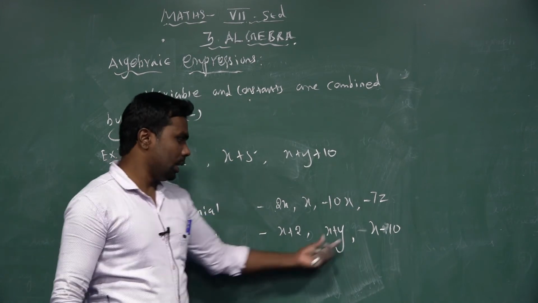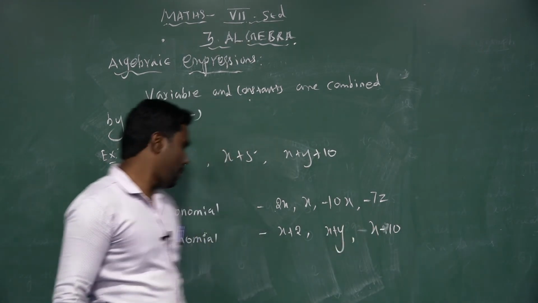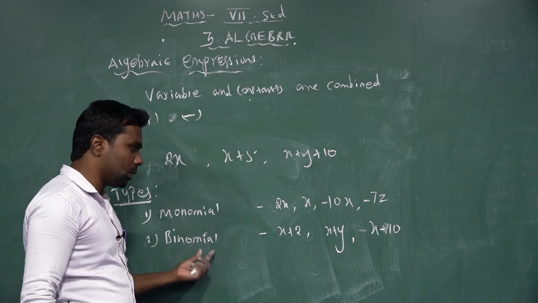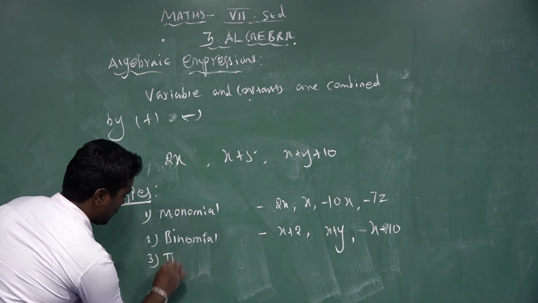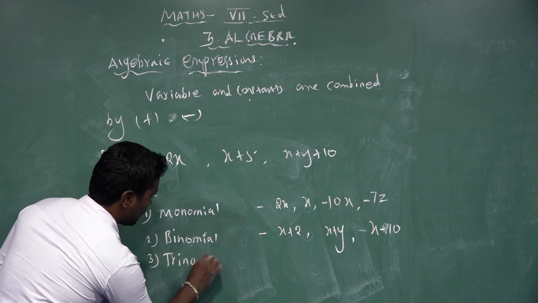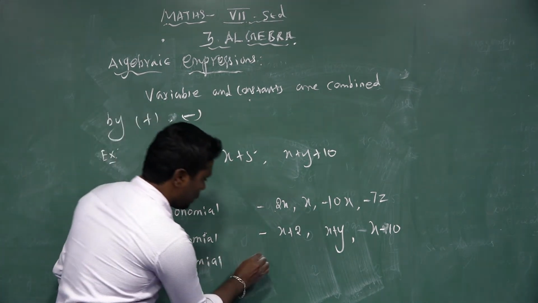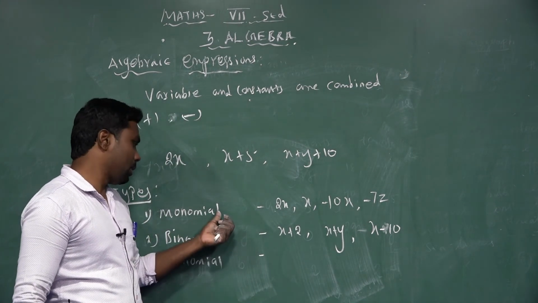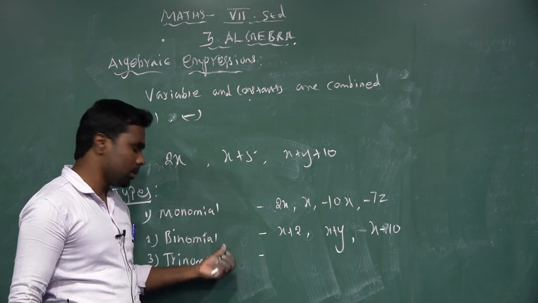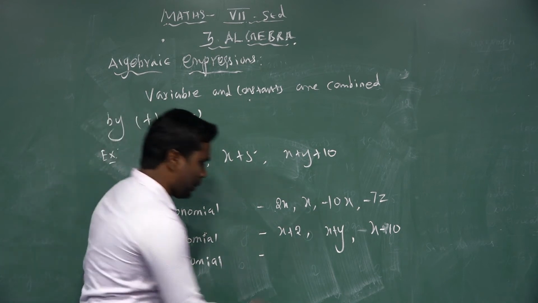The third one is trinomial, an algebraic expression with three terms. Monomial has one term, binomial two terms, trinomial three terms.